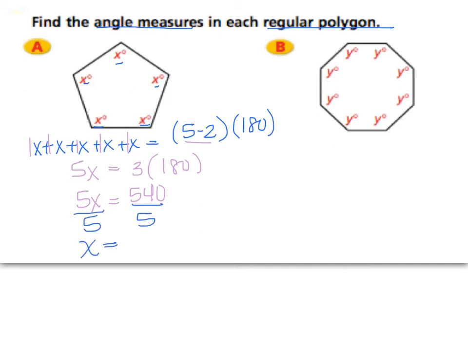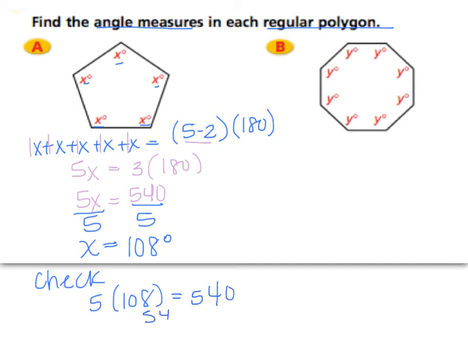So the measure of x equals 108 degrees. And to do a check, you can do 5 times 108 and see if that equals 540. And it does when you do your check. So see if you can do B on your own.